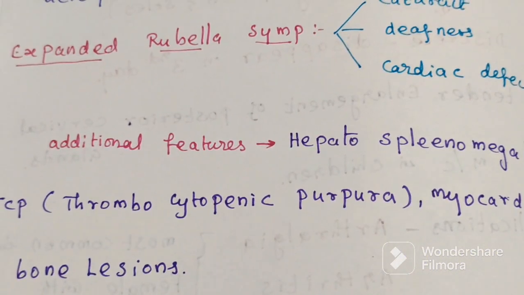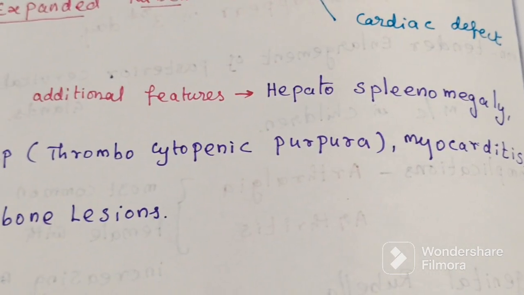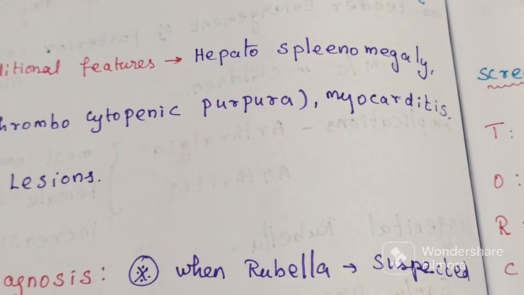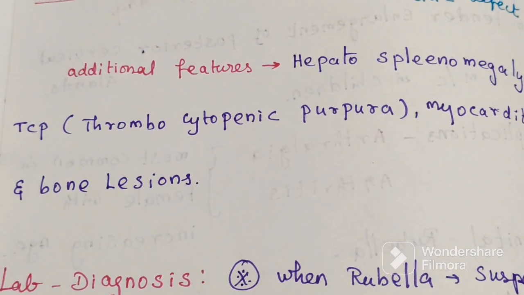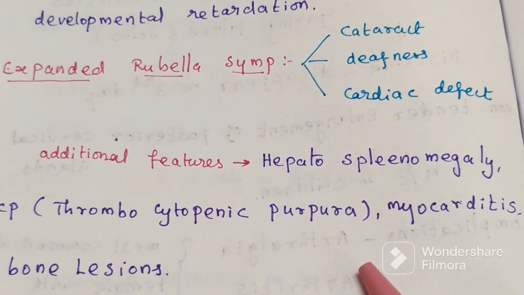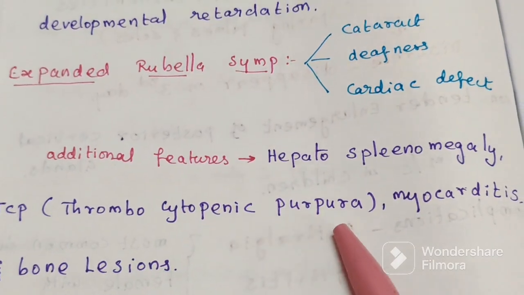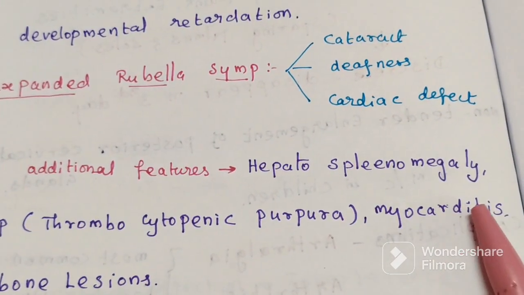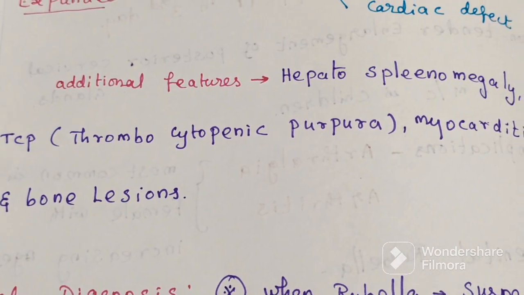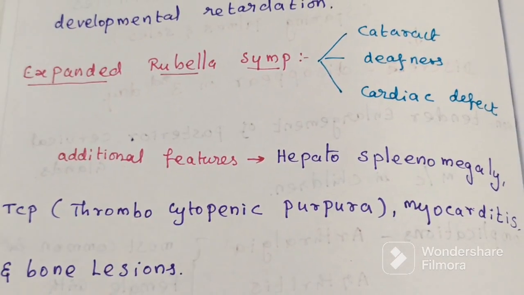Additional features include hepatosplenomegaly, thrombocytopenic purpura, myocarditis and bone lesions. These extra features are known as expanded rubella syndrome.